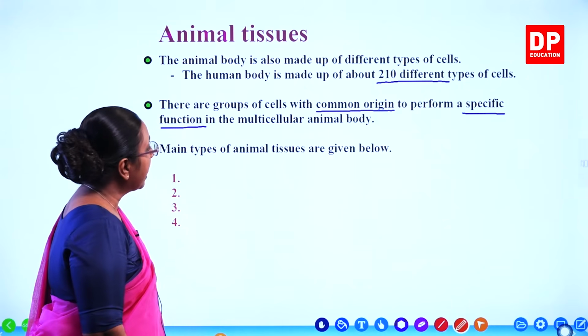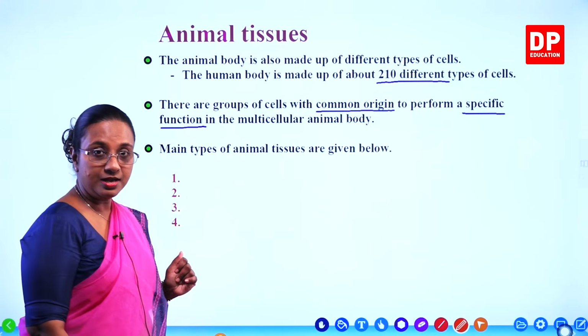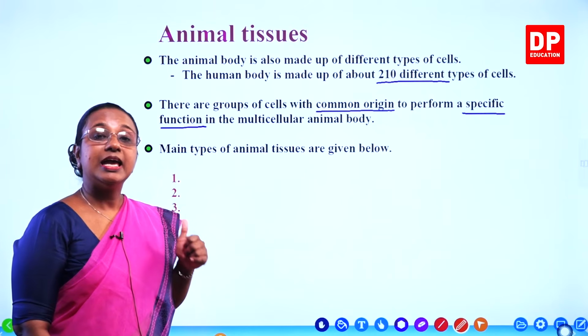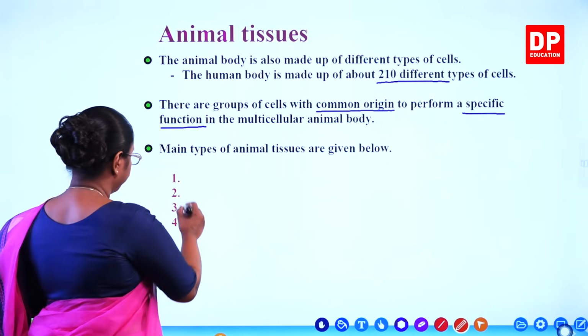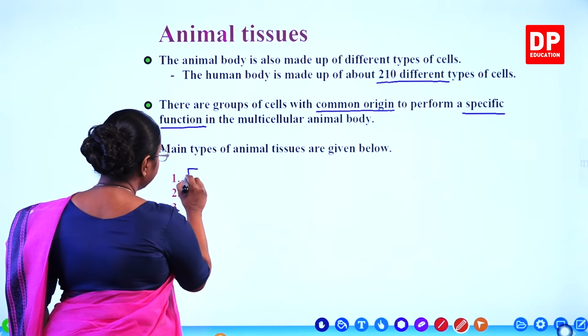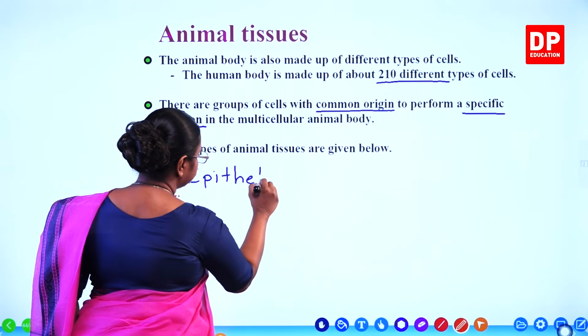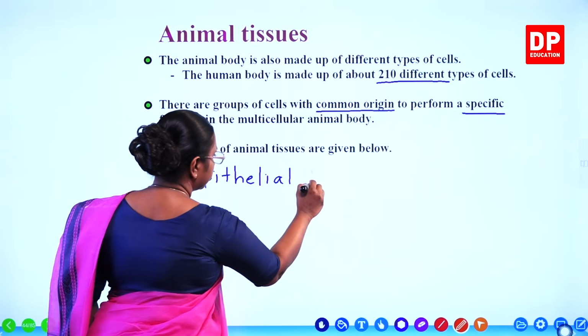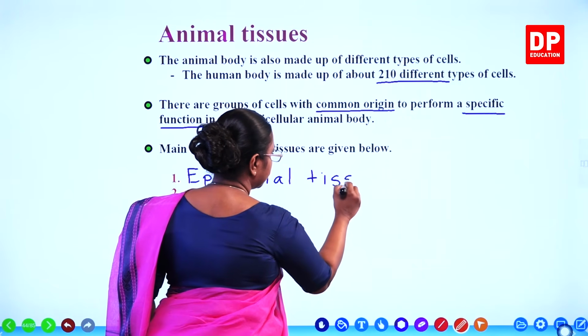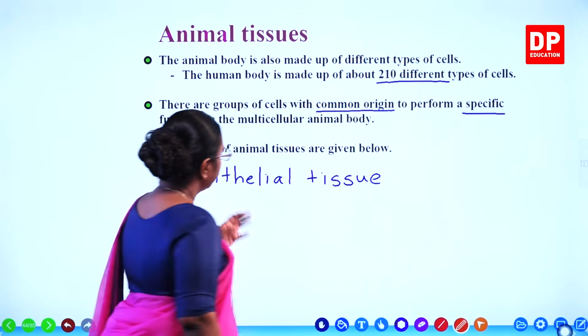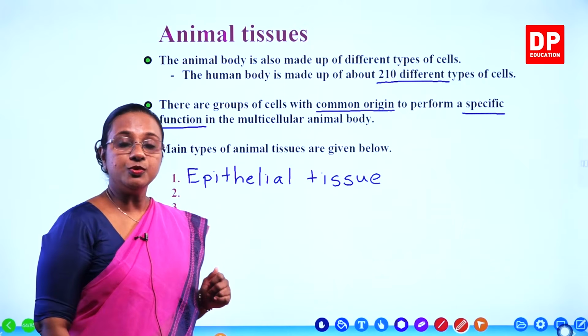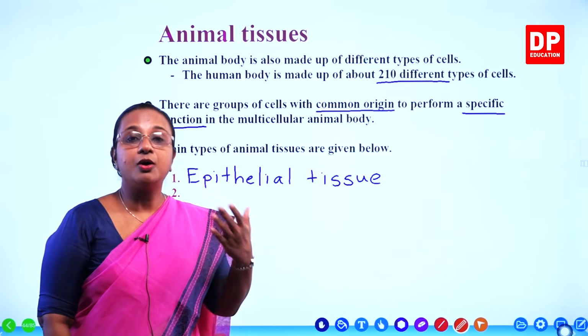Main types of animal tissues are, first, the epithelial tissue. You can remember this tissue: epi means out.